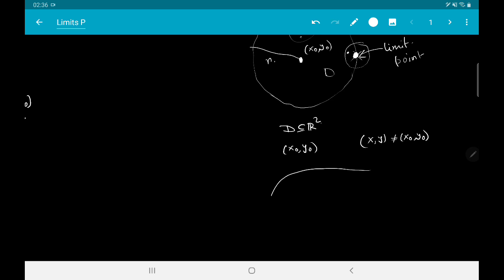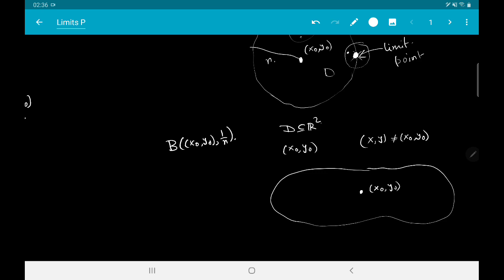Suppose I have a D which somehow looks like this, and I have this point somewhere here. It can be a point on the boundary, but it has to be a limit point. Suppose I have picked up a limit point. Now I consider the open disks B((x0, y0), 1/n), where n varies in the natural numbers. This is a neighborhood of the point (x0, y0) that we have chosen, and if I call this neighborhood Un, we have seen that Un intersection D has a point, let's say (xn, yn).